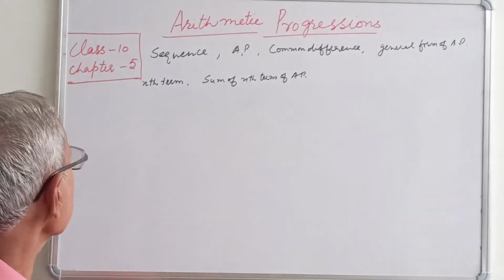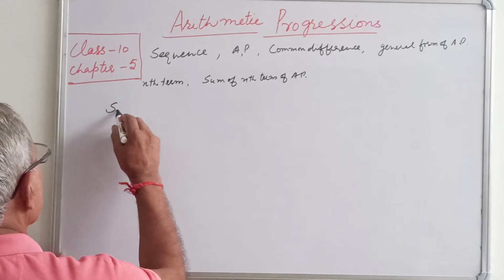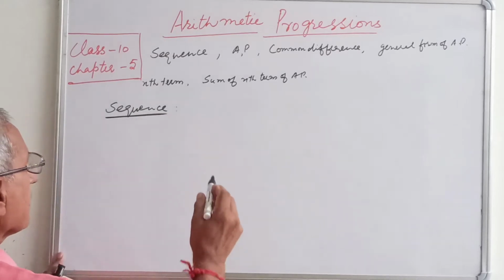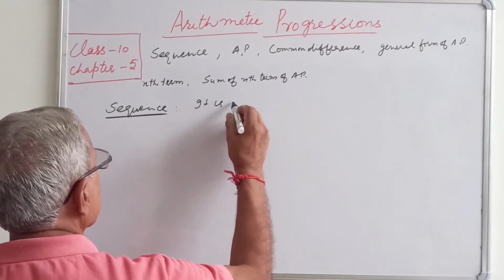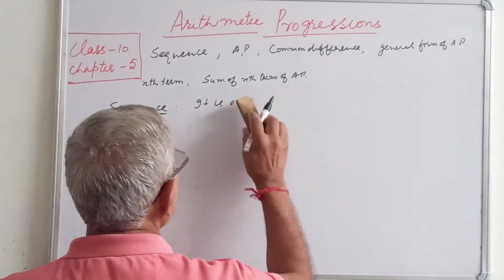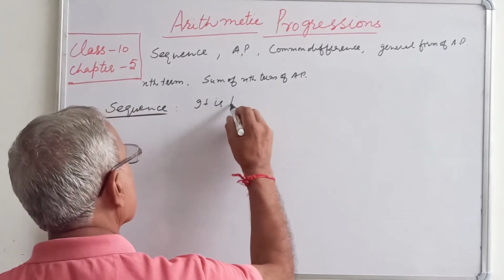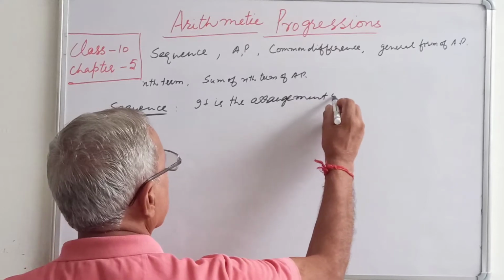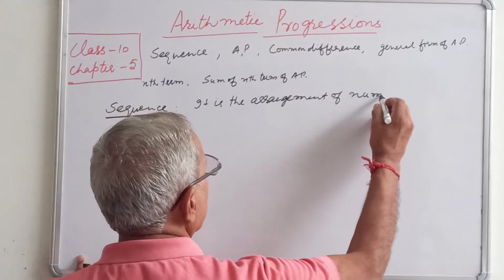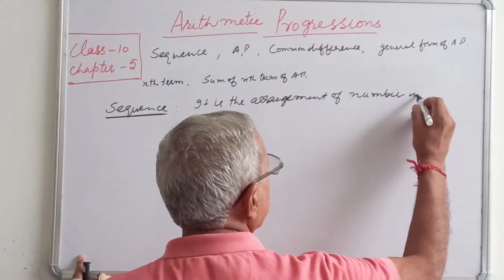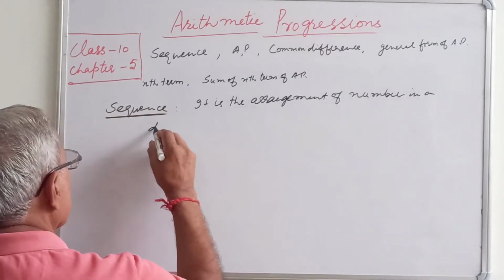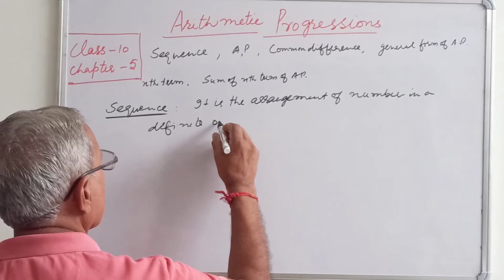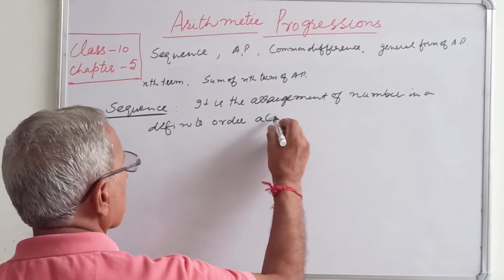First is sequence. What is a sequence? A sequence is the arrangement of numbers in a definite order, according to some rule.